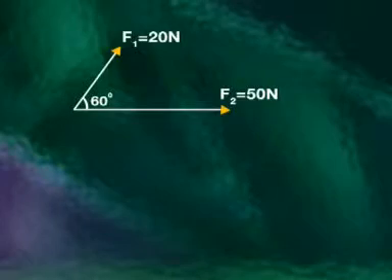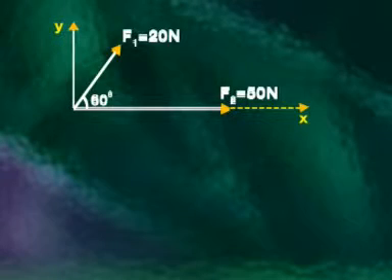Now, let us turn to the resolution method. We can take one of the forces as a reference line and resolve along, for example, the x-axis and perpendicular y-axis to it.